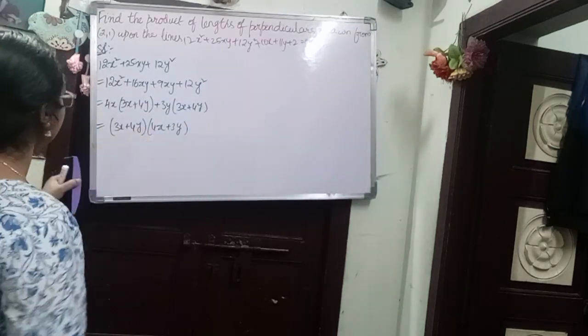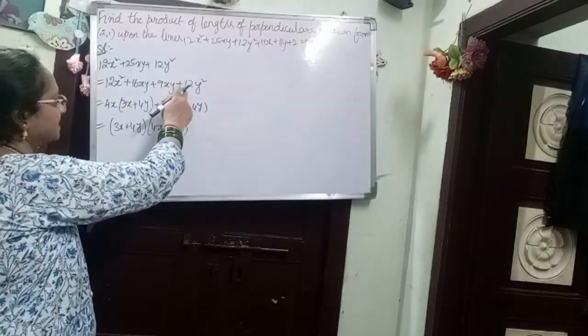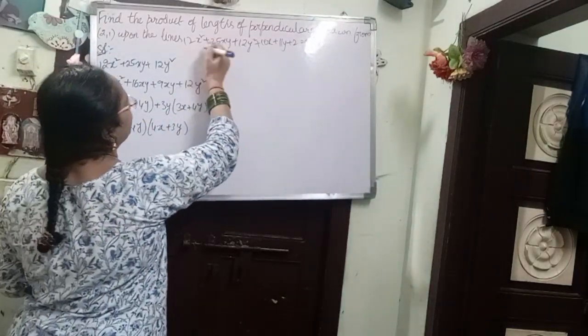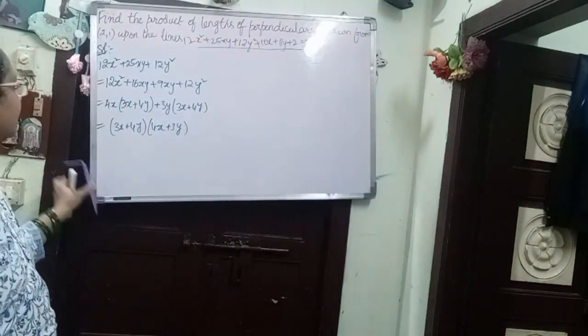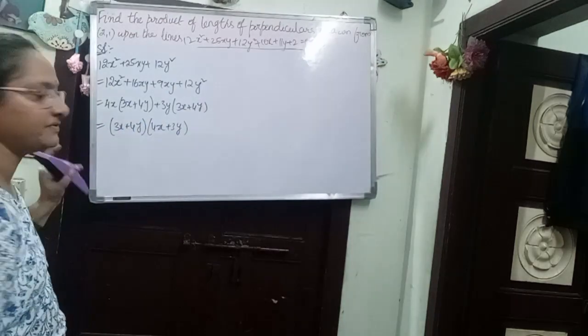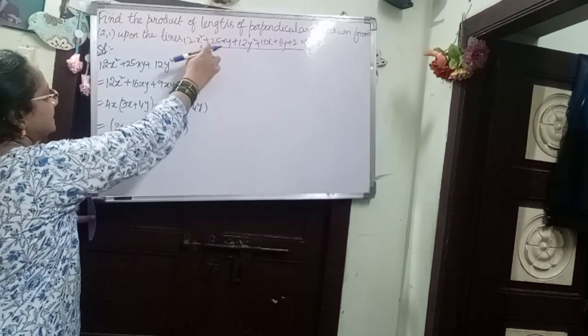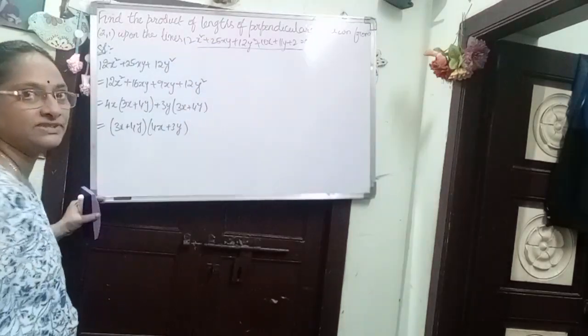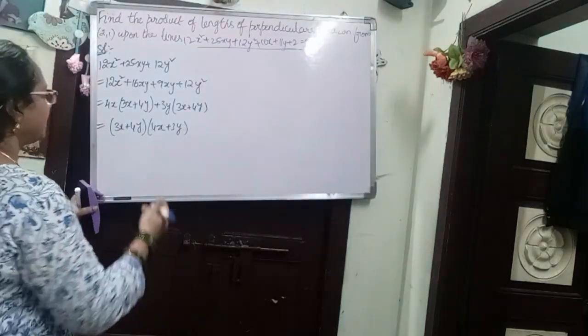If you don't have constant terms, you will get the equation in this way. But here in this equation we have xy terms and a constant term also. So we must have one more constant term for these equations. If we equate this equation with these two equations with the constant terms, we will get the c1 and c2 values.